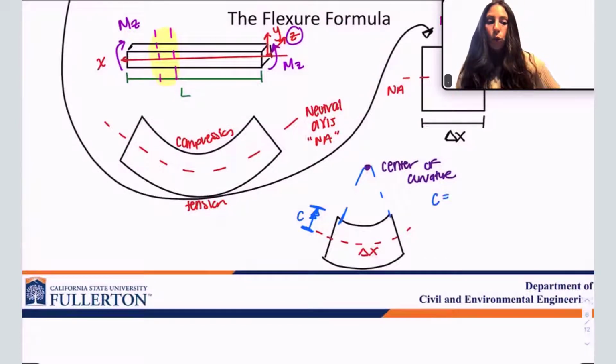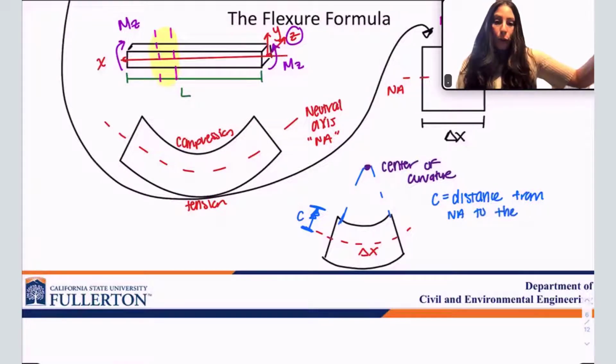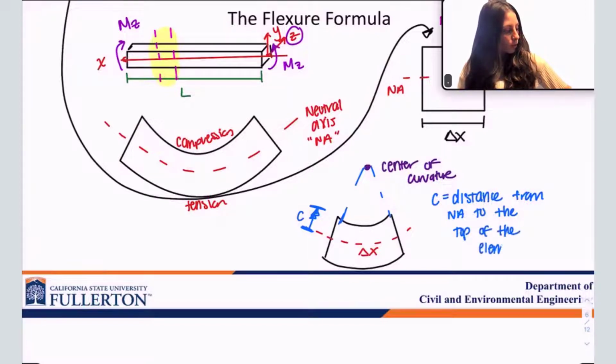C is equal to the extreme distance from the neutral axis to the outer side of my element, that extreme fiber. This can be to the top or to the bottom. I'm going to say it's to the top of the element.